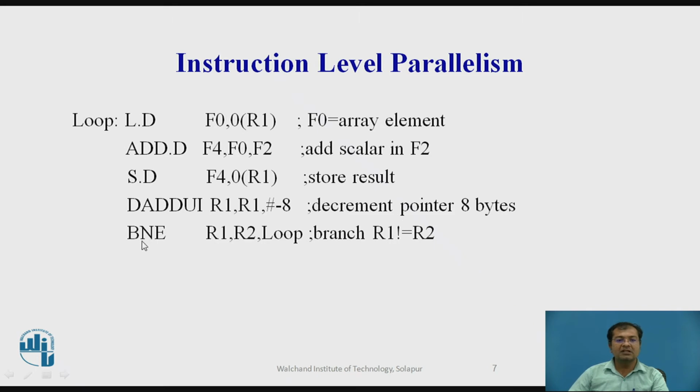Then it will check whether it will take a branch. If it is not equal, then it will go up and repeat this n times until it is equal, and then it will come out of the loop. So this is the set of instructions which are going to execute in the for loop, as we discussed earlier, as x plus y. Here F0 plus F2 is going to take place, and here the count is going to decrement. So it will repeat this loop, equivalent to the for loop we discussed.